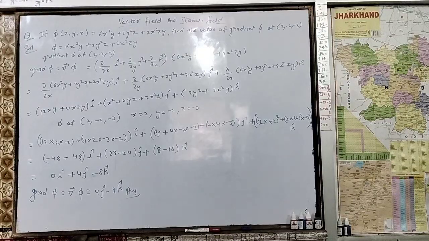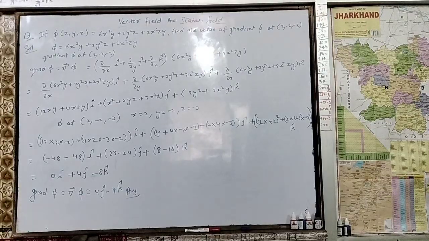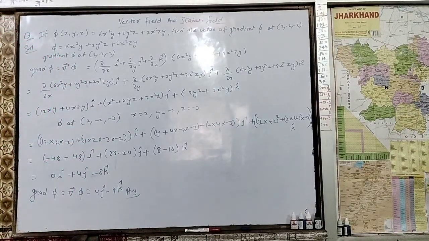Yes, the answer is correct, plus 4z and minus 8k. You can see it looks large, it looks big, but once you understand carefully, it becomes very easy.